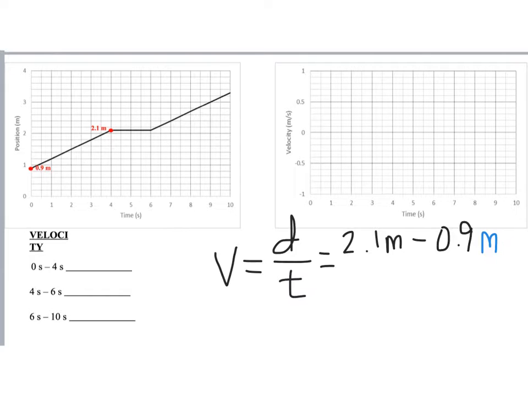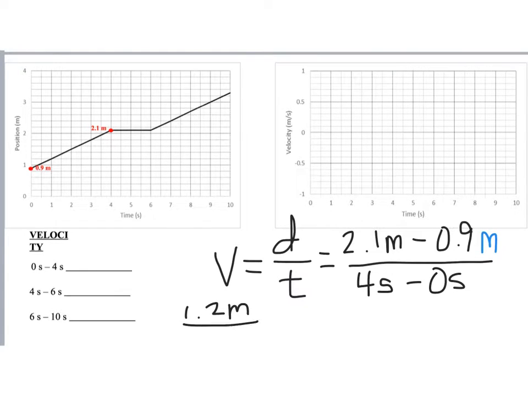Then for the time, we can do the same thing. We're looking specifically at our time code 0 to 4 seconds. So we do where did we end at for time, minus where did we start at for time. When we continue on with that math, 2.1 minus 0.9 gives us 1.2 meters divided by 4 seconds.